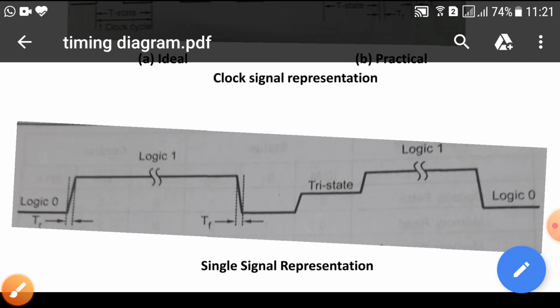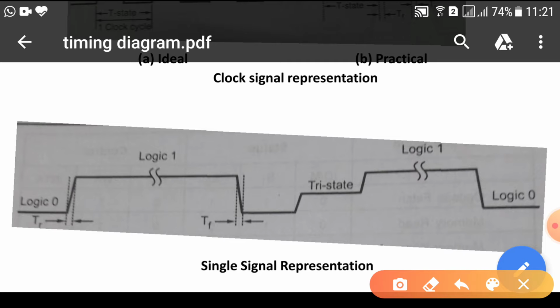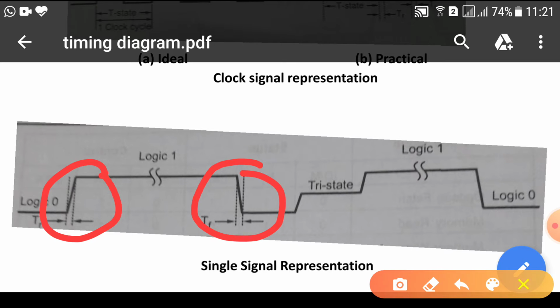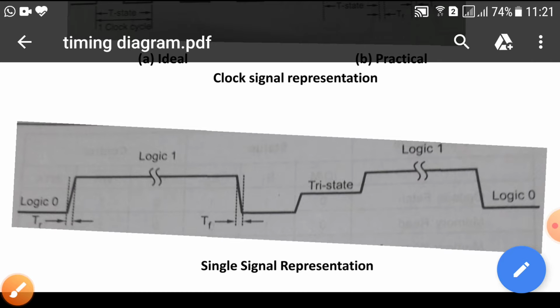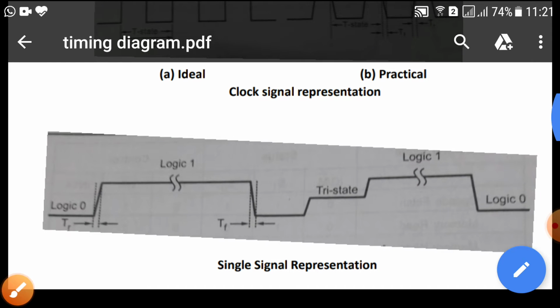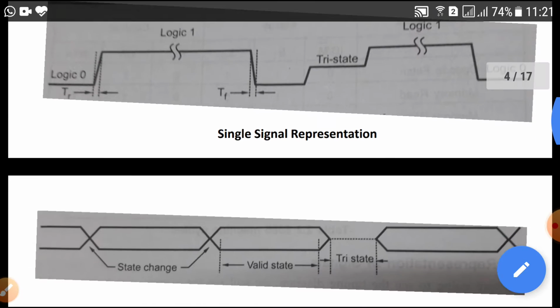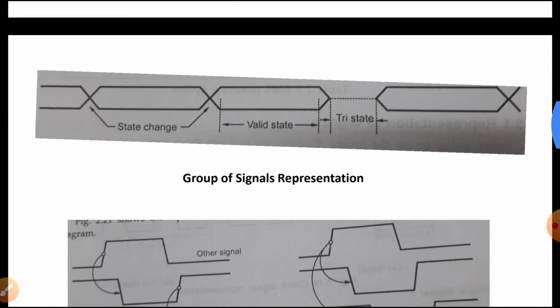Change in the state of the signal takes a finite time, and hence the state change of the signal is represented with a finite rise time as well as a finite fall time. This is how the single line signal representation is done.